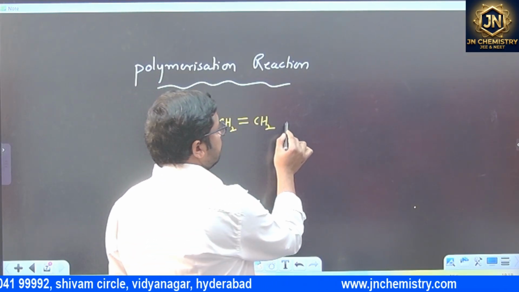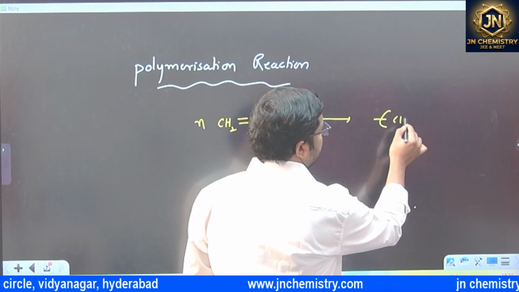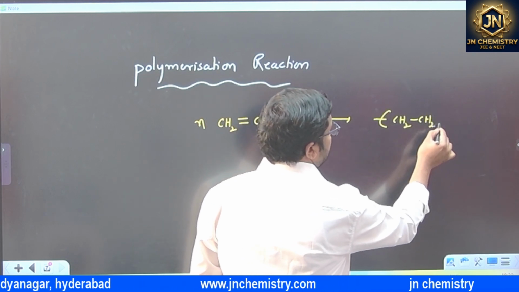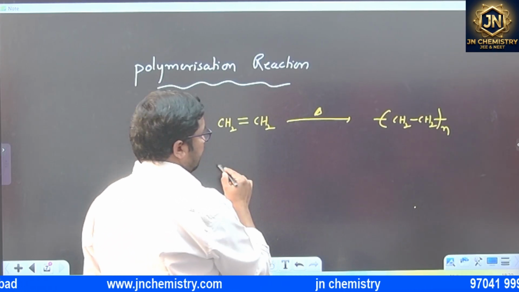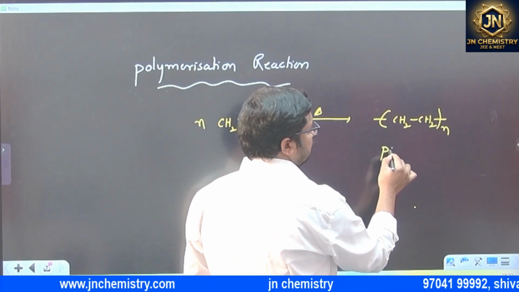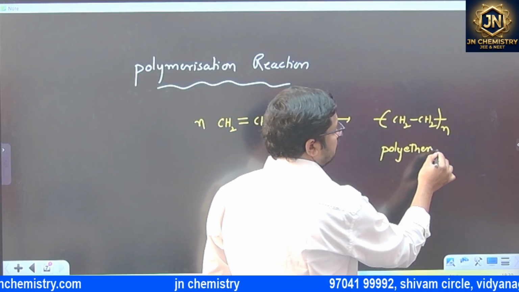At high temperatures and pressures, polymerization takes place. So this is ethene, and this is polyethene.